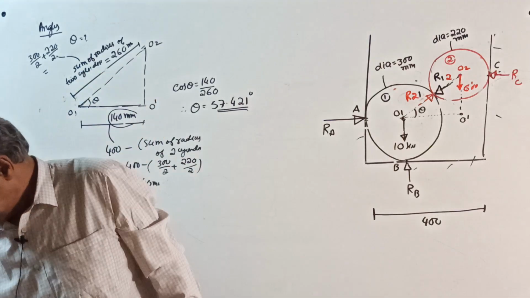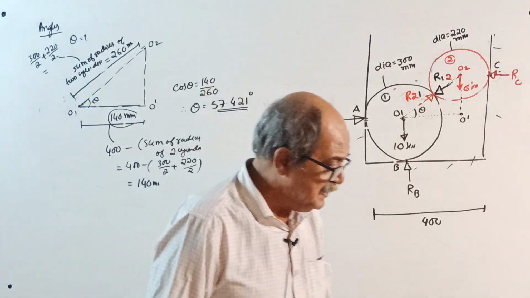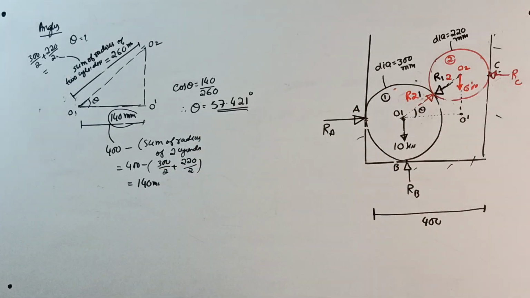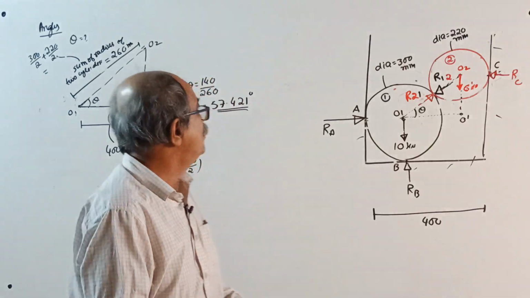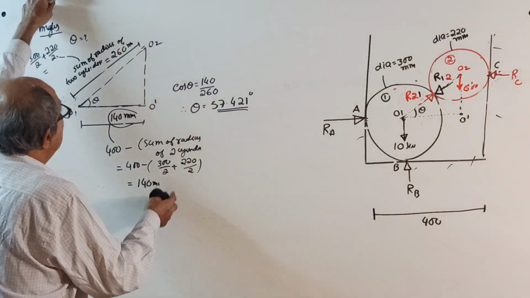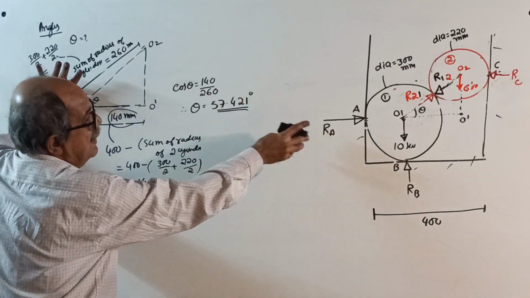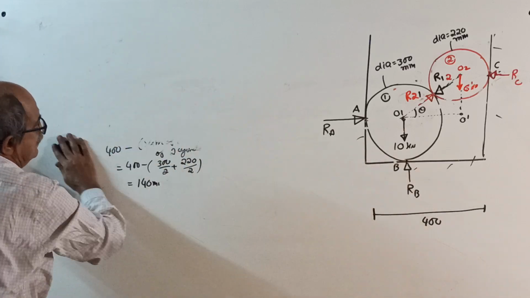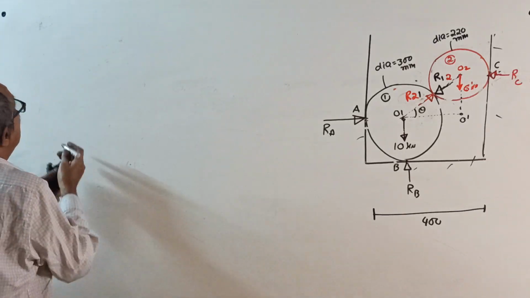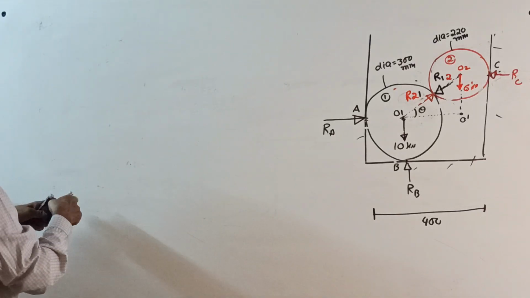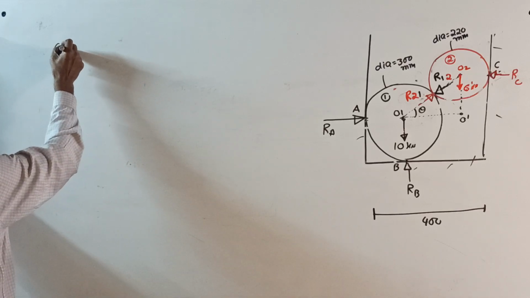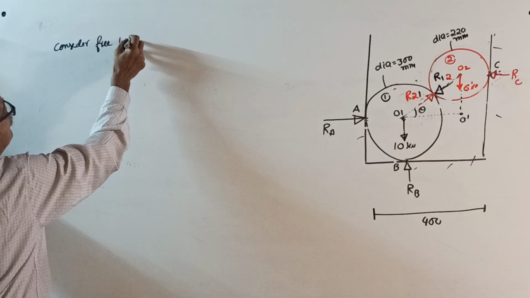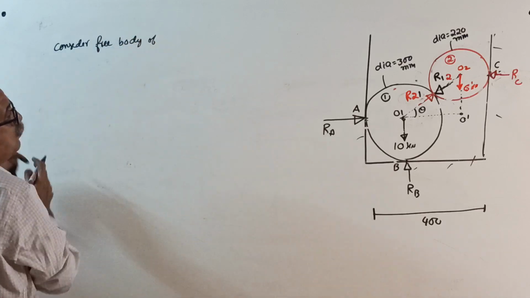Now systematically I am solving the question very, very slowly because this is a lot of concept based. I won't hurry. I won't tell in the class also at high speed. Now this sketch I can remove. Now consider the free body of, see correctly, which cylinder?